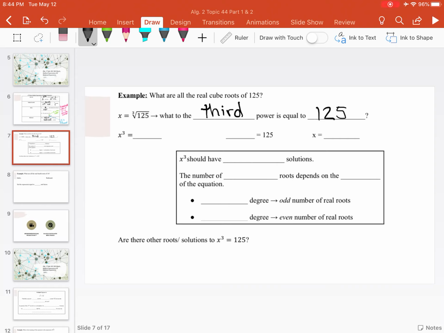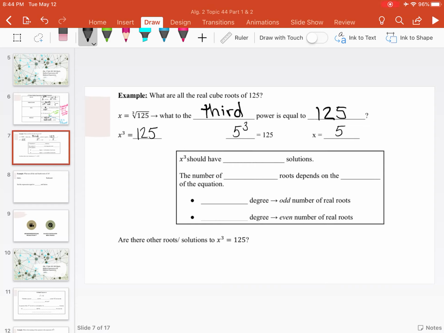In other words, x cubed should equal 125. What number times itself again, gets you 125? Well, I know that 5 times 5 times 5, or 5 cubed, is 125. So in this case, x must be 5.